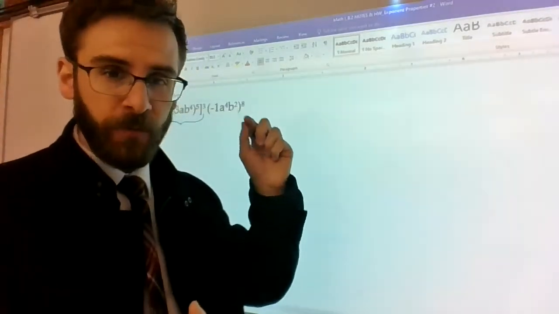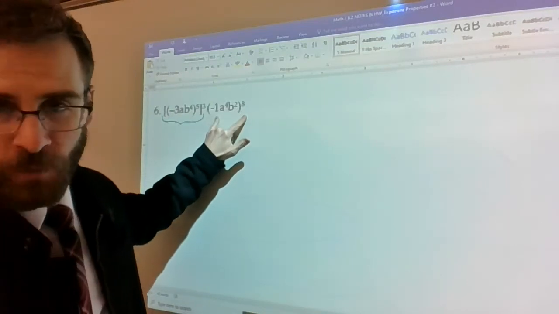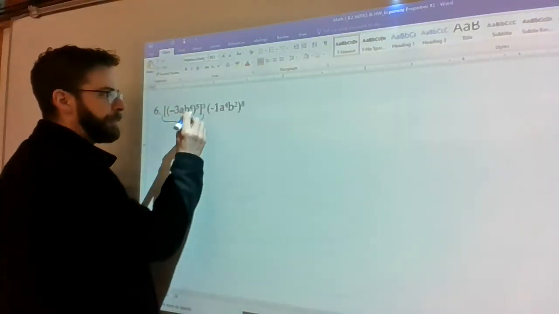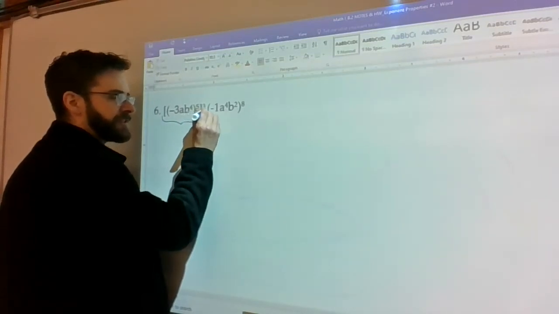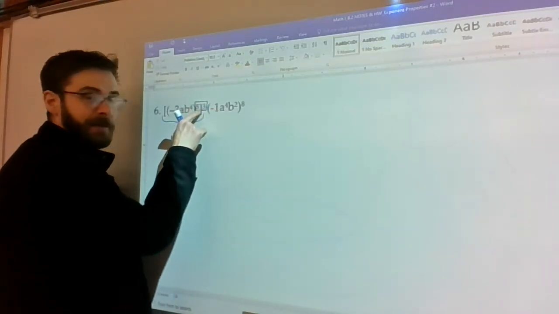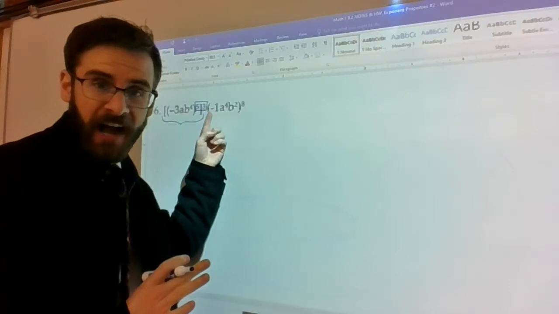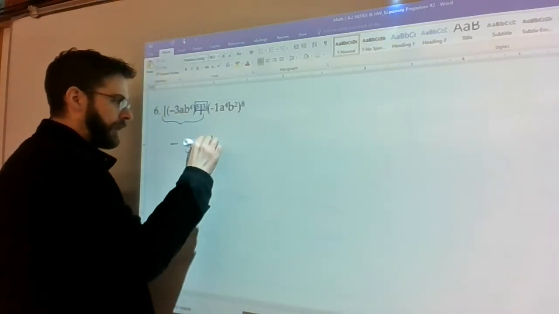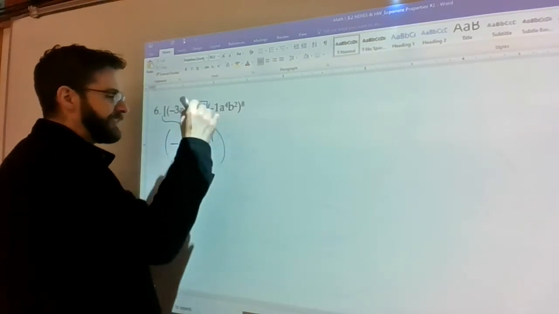I just want to make it look like this one. No more brackets, please. To get rid of the brackets, just take the outside exponent times the inside exponent. That's 5 and 3. You're going to get negative 3ab to the 4 power to the 15th now.